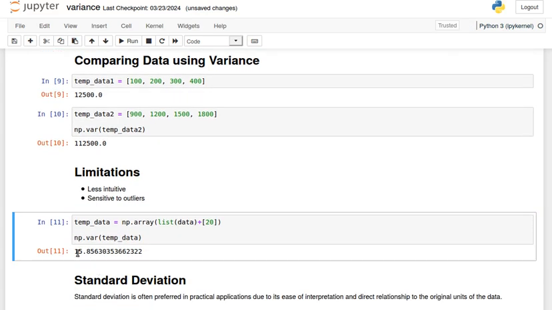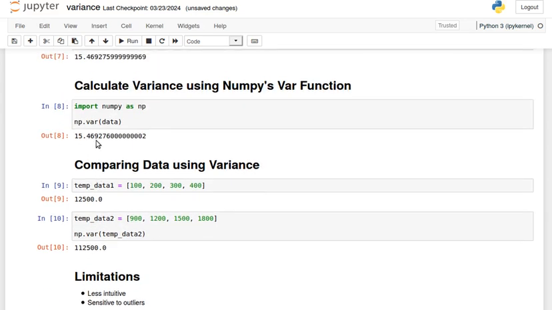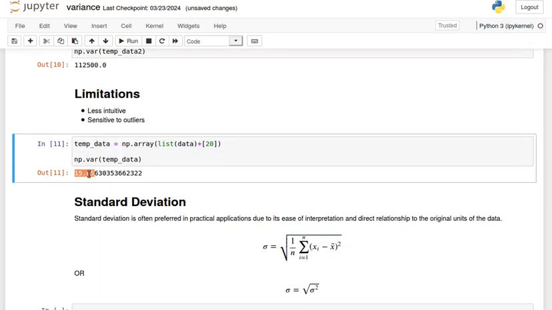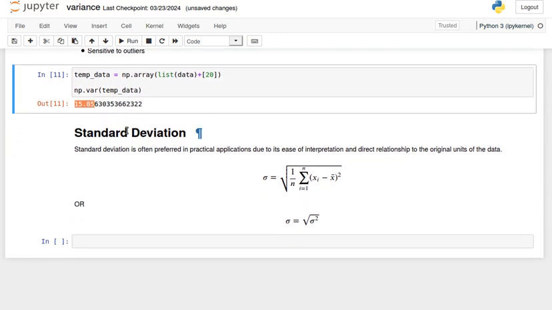So we can see that the variance has shifted a little bit. Earlier it was around 15.46, now it is 15.85 by just introducing a single outlier here, that is 20. So variance is sensitive to outliers. So we can use standard deviation instead of variance.